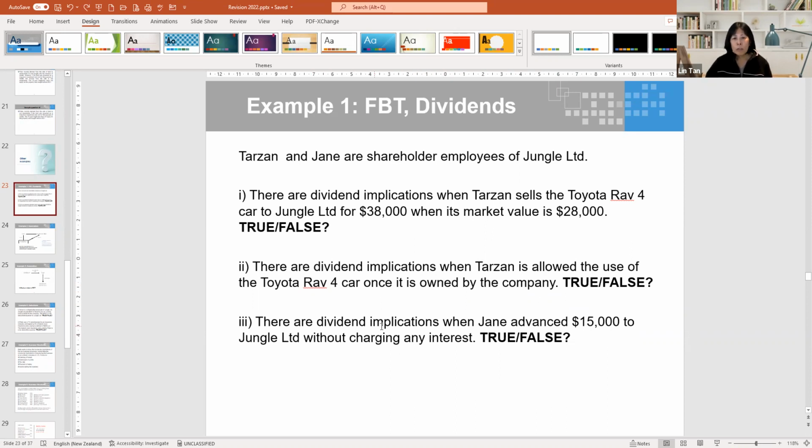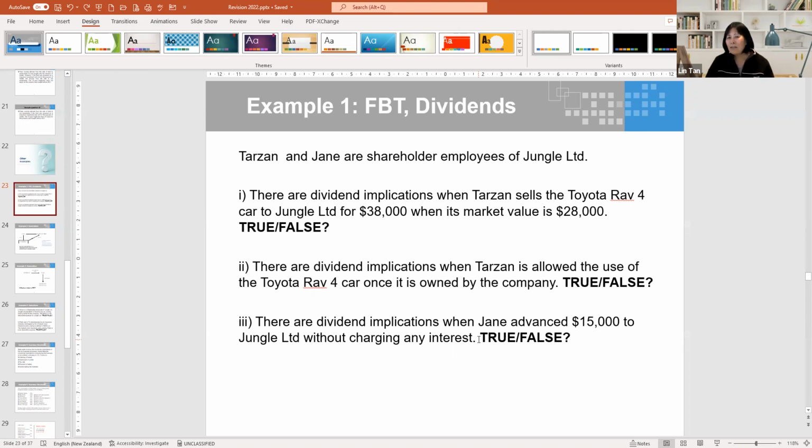Number 3, there are dividend implications when Jane advanced $15,000 to Jungle Limited without charging any interest. Now, this one you just have to be careful. It is not the company that is advancing the money to the shareholder or to the shareholder employee. It is the other way around, right?